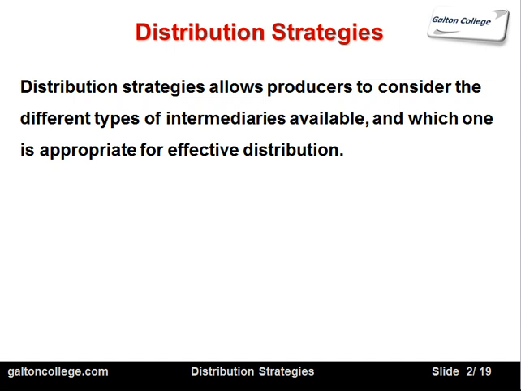But the manufacturer must also decide on what sort of position it wants to have in the market. Does it want to be at the top end or the low end? Does it want to have mass marketing or very selective marketing? And how will these requirements fit with the intermediaries?